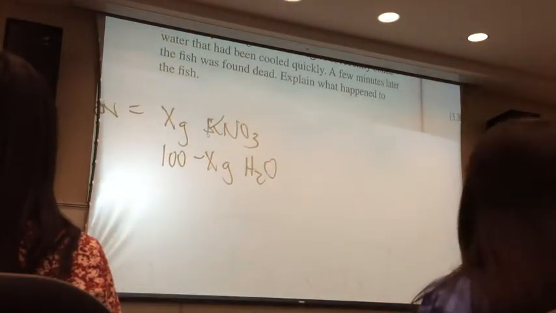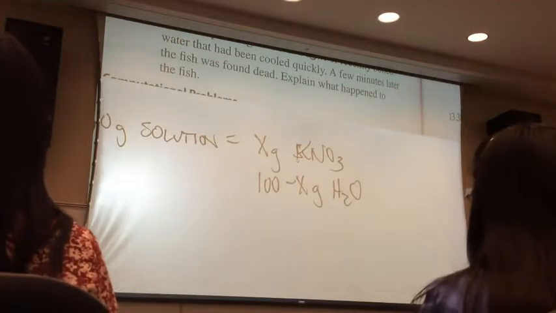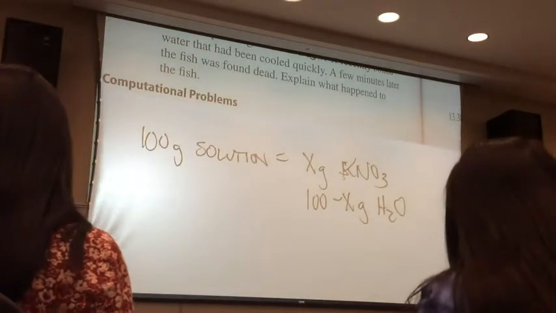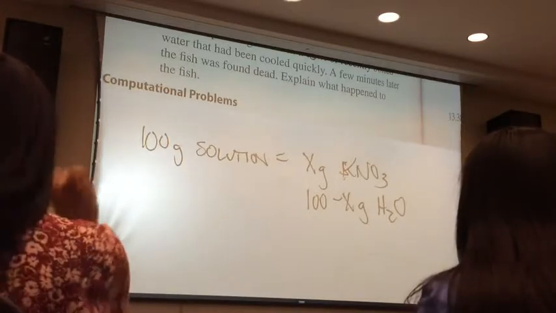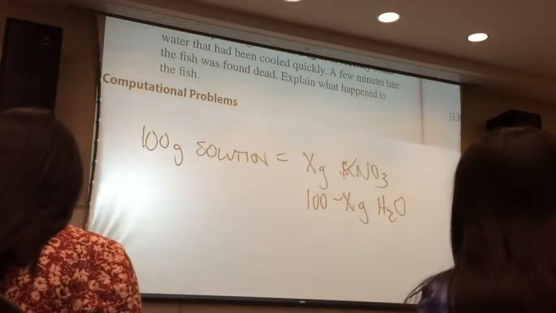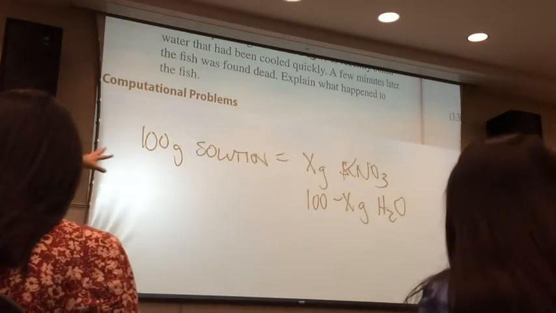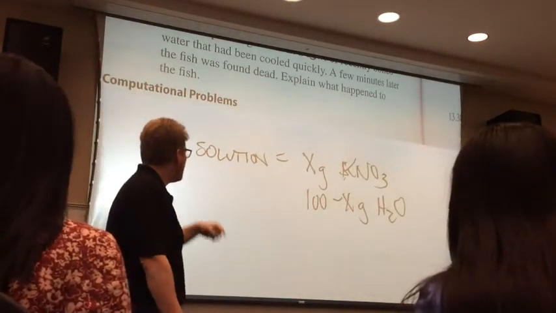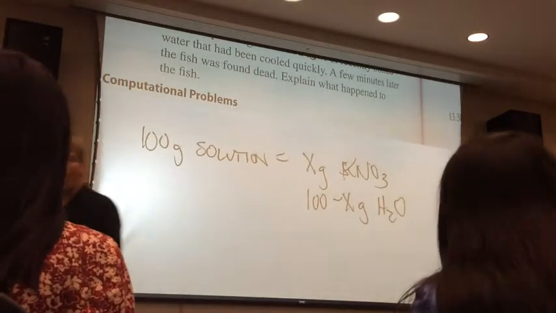Everybody okay with that? That's what we know. And so this is what we start out with: X grams of potassium nitrate and 100 minus X grams of water.